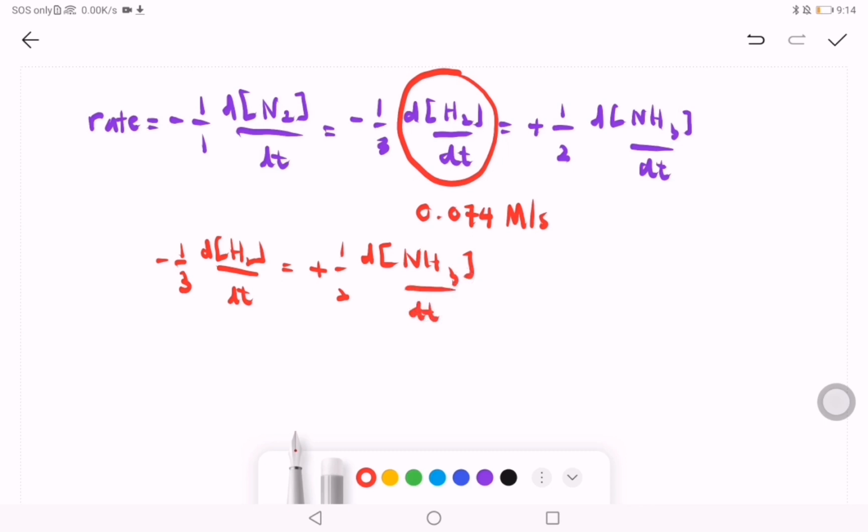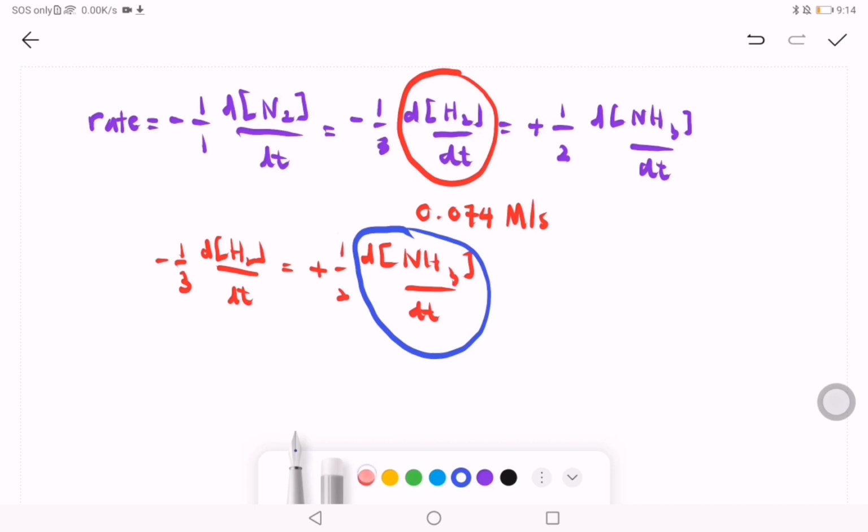Okay, so untuk peringkat ni kita kena masih salinlah negative sign dengan positive sign ni. And then we are looking for d[NH3]/dt. So kita pindahkanlah 1 over 2 to the other side.